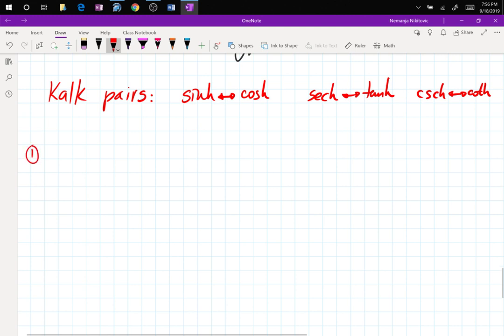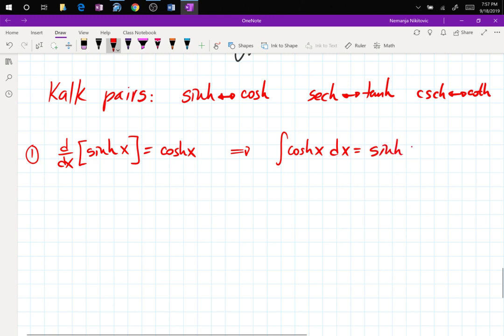Number 1 and 2 is going to be the derivative of sine hyperbolic of x is equal to cosine hyperbolic of x. Happy so far. This means that the integral of cosine hyperbolic x dx is equal to sine hyperbolic x plus c. That's the first two equations. Same as trig, right?